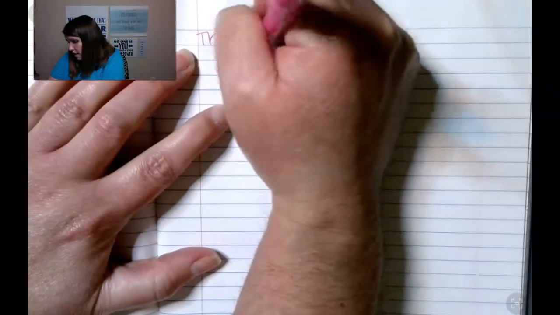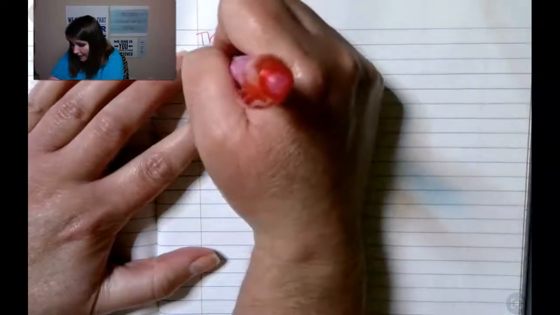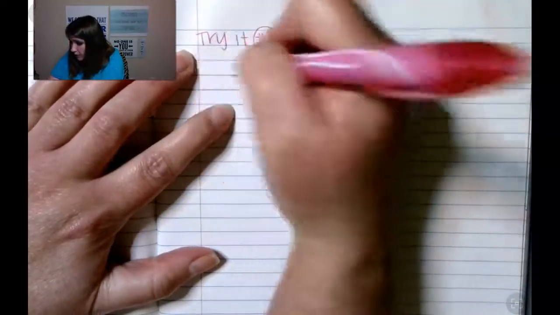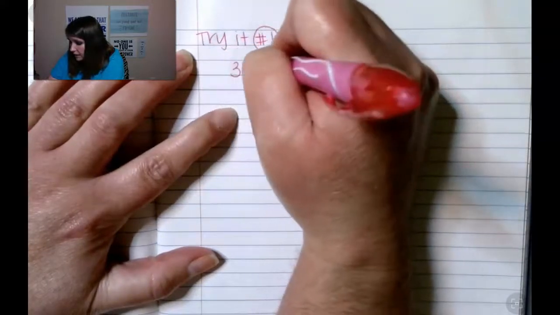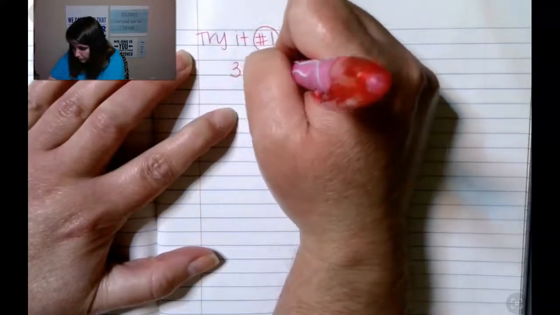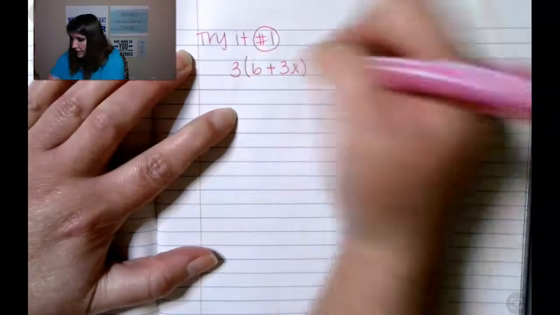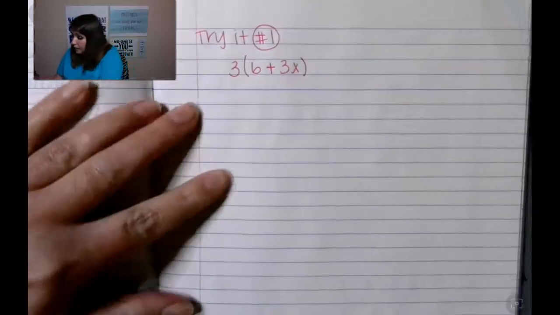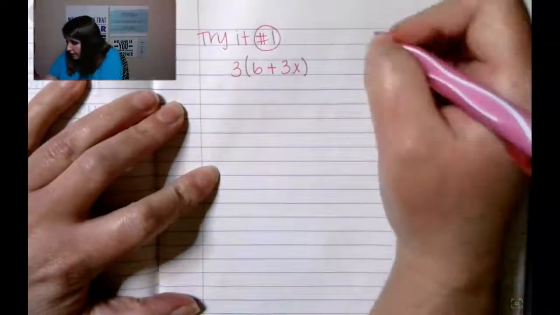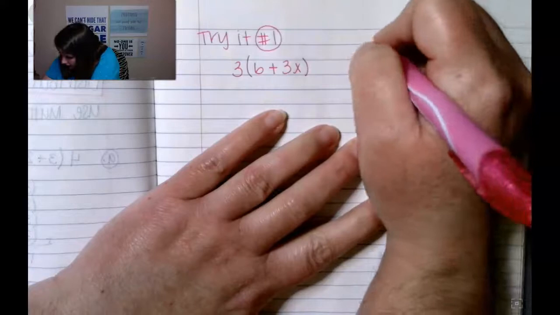All right. So try-it number 1. Try-it number 1 is 3 groups of 6 plus 3x. Go ahead and solve that one. And try-it number 2.